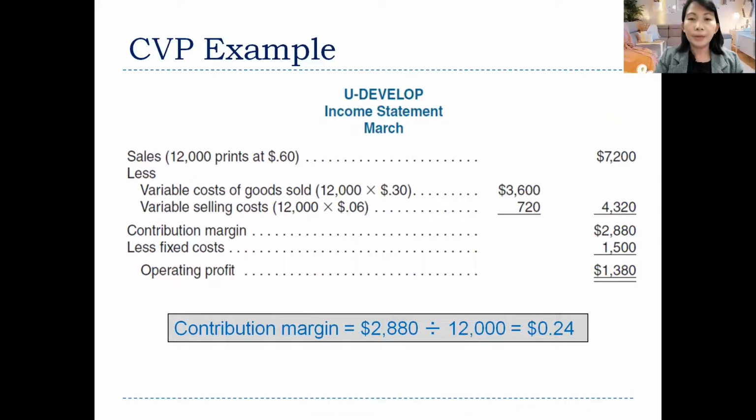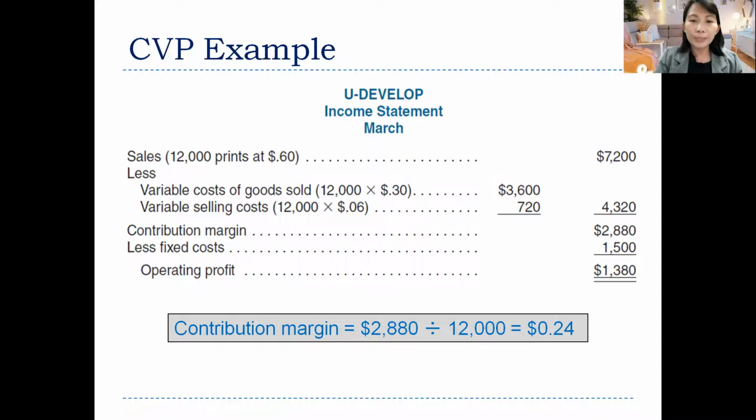Example here, the company UDevelop income statement. Assuming the sales is 12,000 prints at 0.60, so we have 7,200. Less variable cost: 12,000 times 0.30, so we have 3,600.